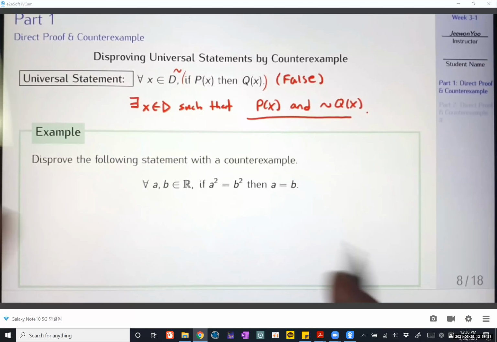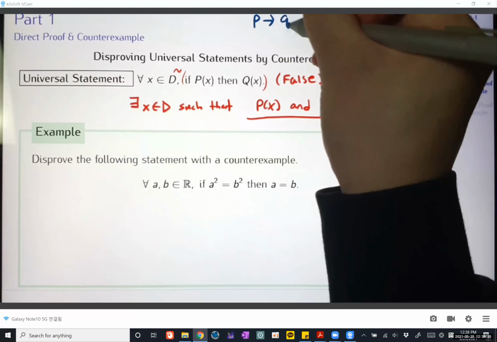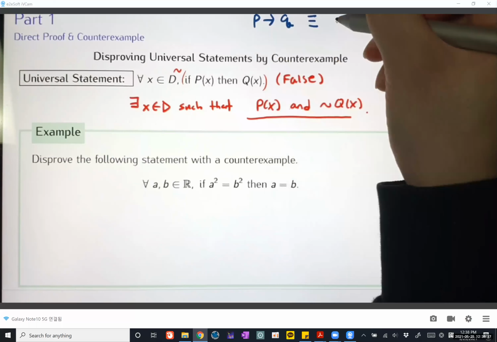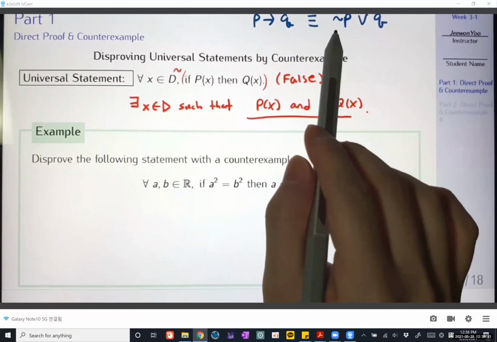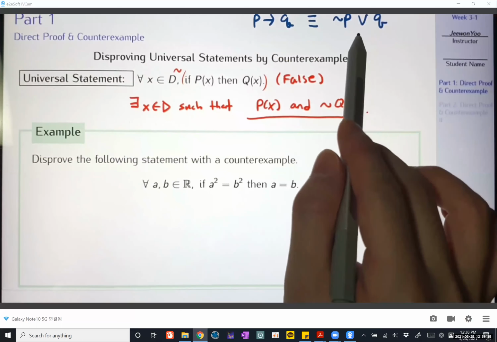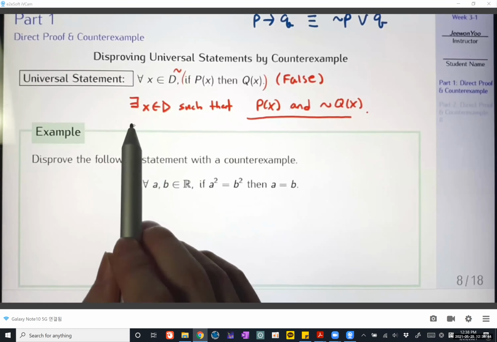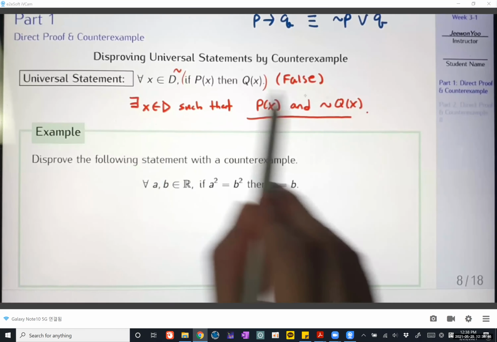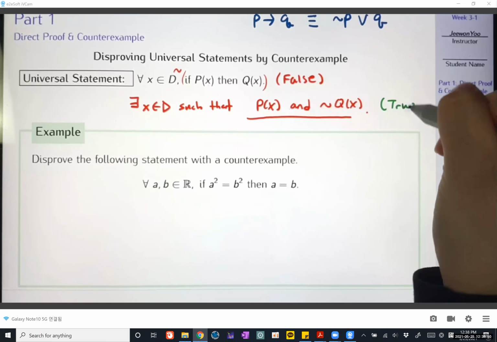You know from before that P implies Q is logically equivalent to not P or Q, right? So if you use De Morgan's law on not P or Q, you will end up having P and not Q. Okay, well done, everyone. So we have this negated statement. We just have to prove that this must be true.